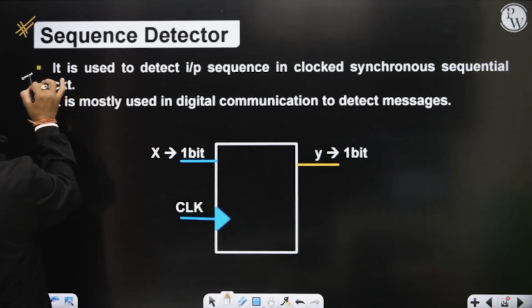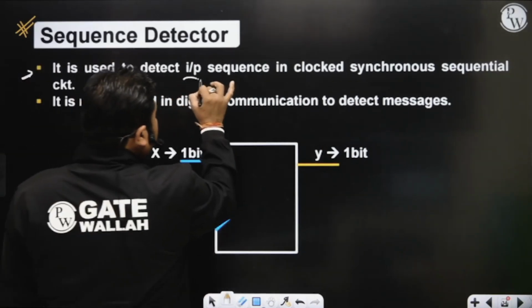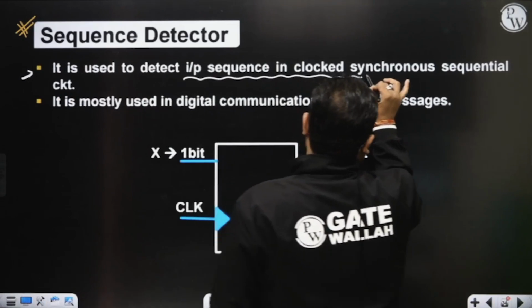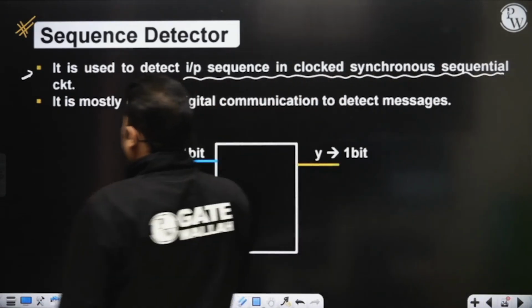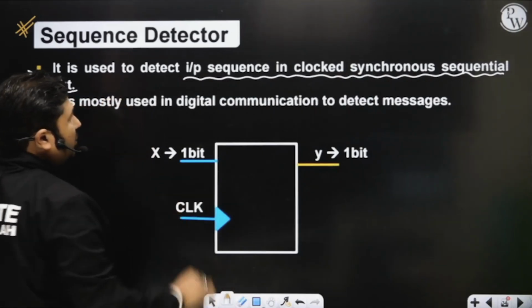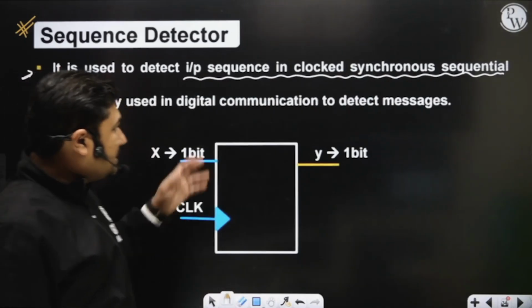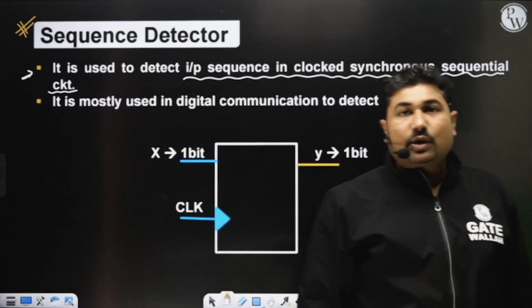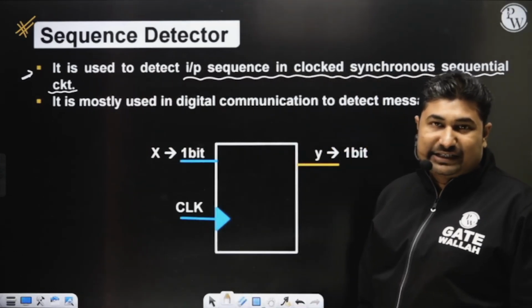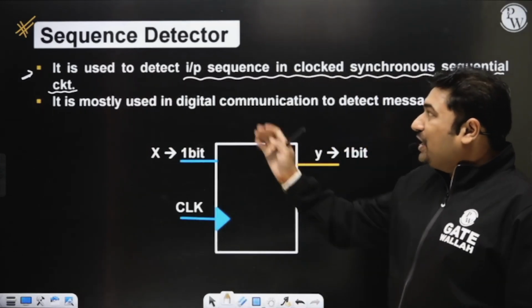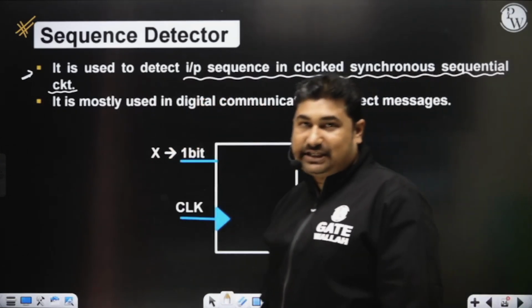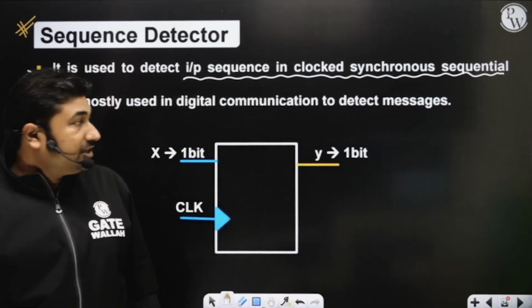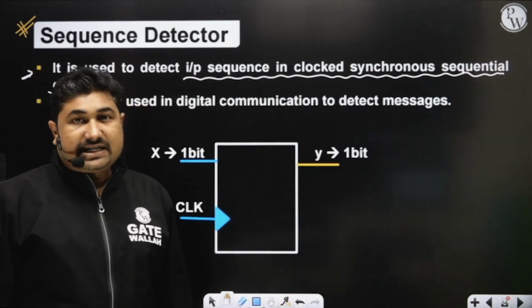Sequence detector is used to detect input sequence in a clocked synchronous sequential circuit. It is mostly used in digital communication to detect the message.